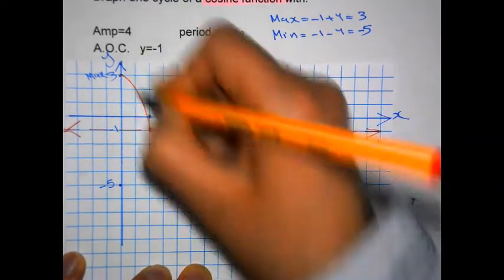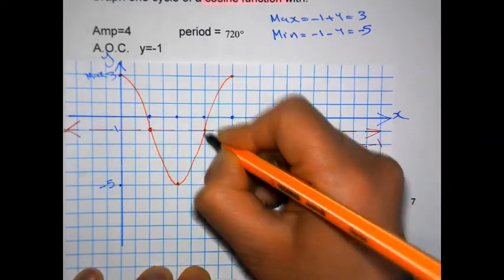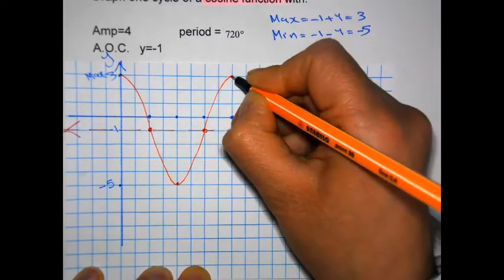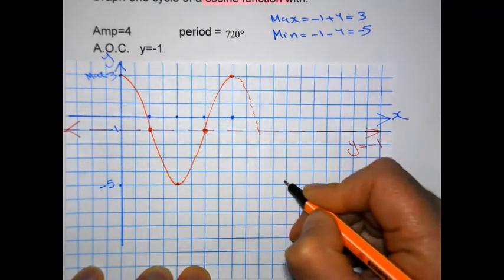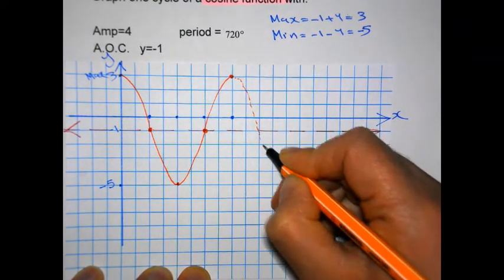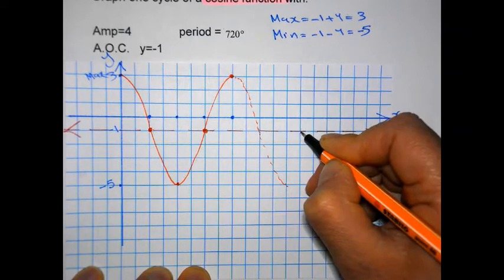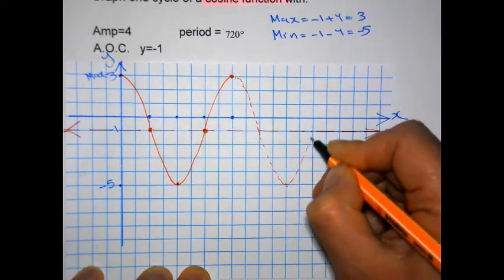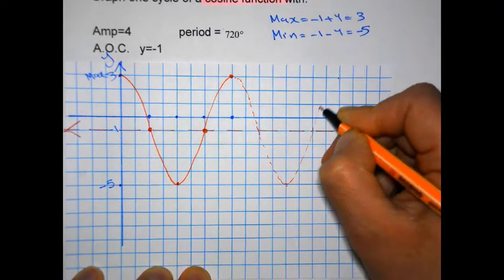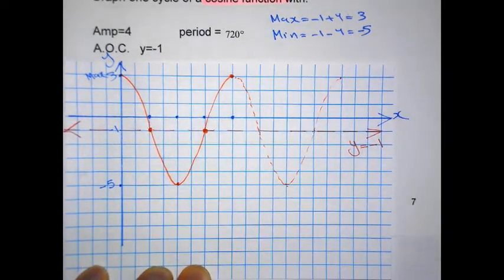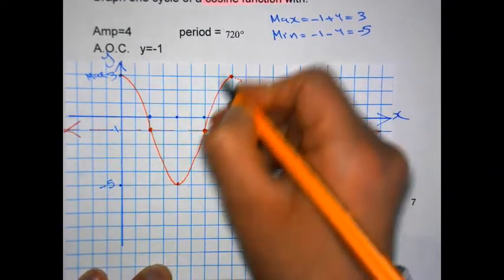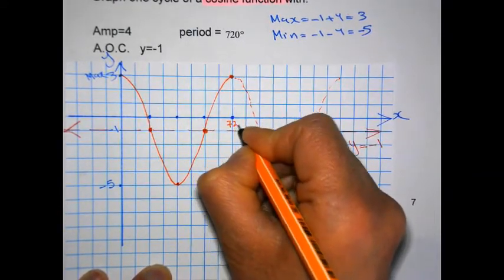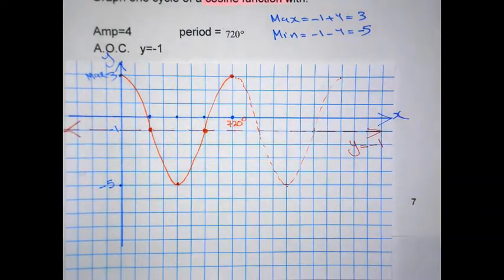So max, axis of curve, min, axis of curve, and max, and of course this whole thing is going to continue. Okay, now the period is 720, so this one full cycle will go all the way to 720 degrees.